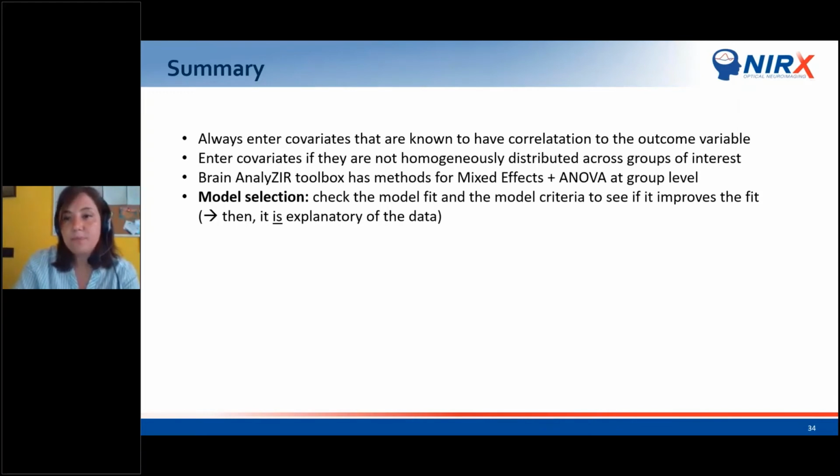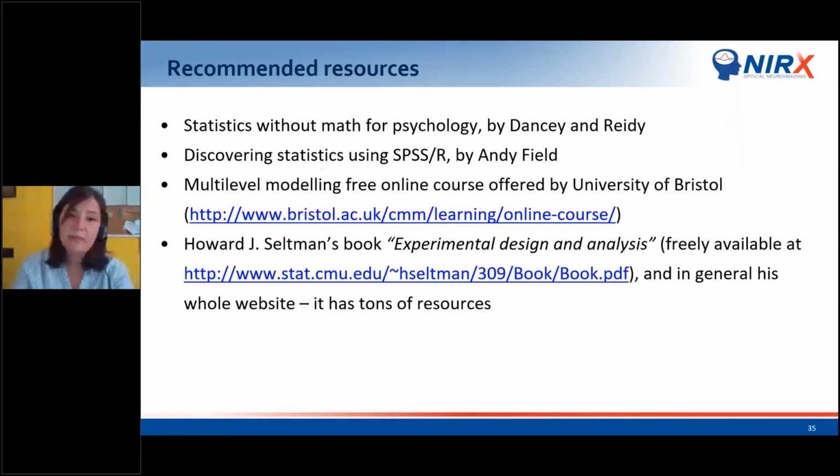So before ending, I wanted just to recommend some resources that I found useful for myself. I mean, they are really nice resources. So for example, this book, Statistics Without Math, I mean, there is a bit of math, of course, but also Discovering Statistics. And then there's also this multi-level modeling free online course offered by the University of Bristol.